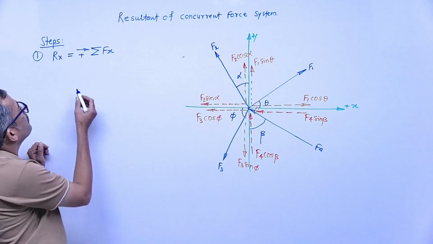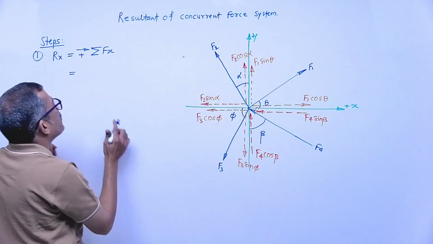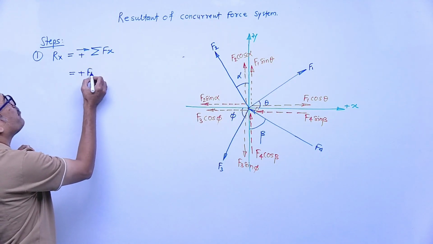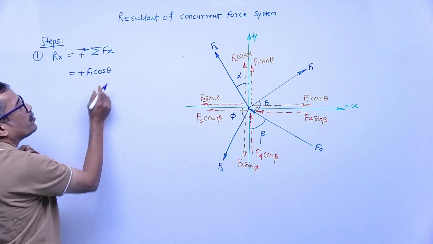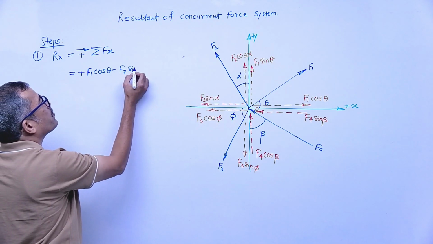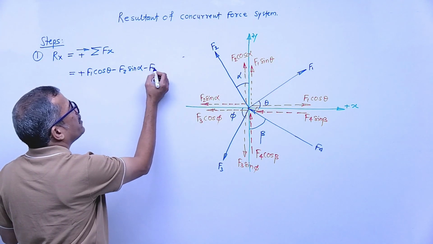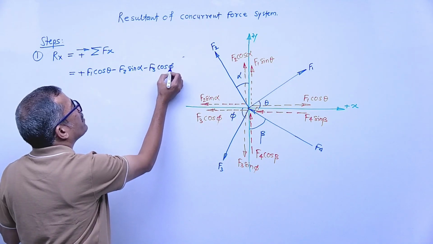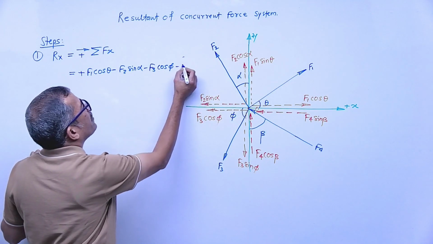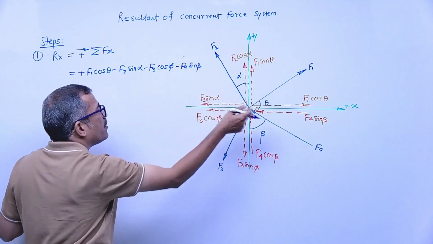That means in this equation we get F1 cos theta positive, F2 sin theta negative, minus F3 cos phi negative, and minus F4 sin beta leftward.